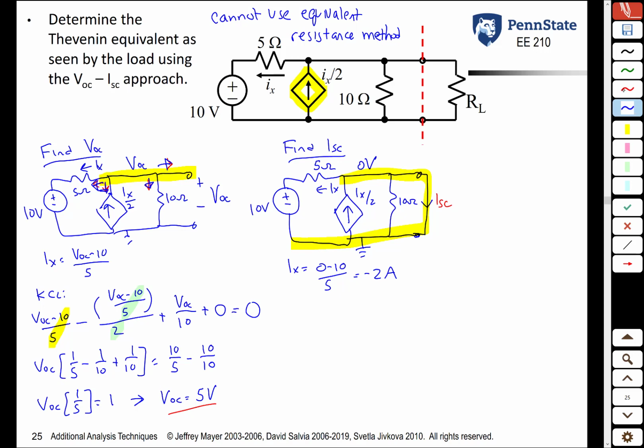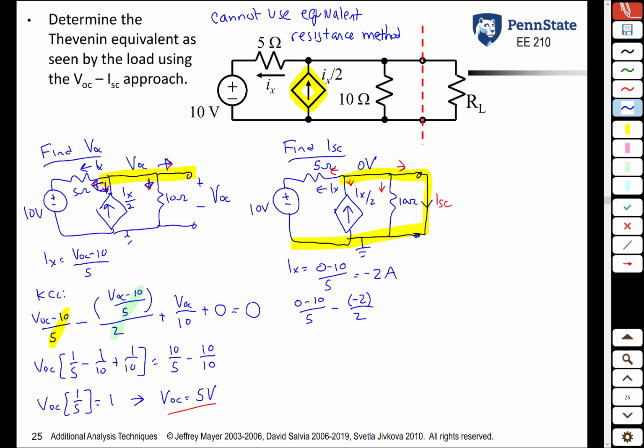We can now do KCL once again. On top here, that current plus that current plus that current plus that current is equal to 0. Current to the left, once again, is 0 minus 10 over 5. Current going down is minus Ix over 2. Remember, Ix itself was negative 2 amps.